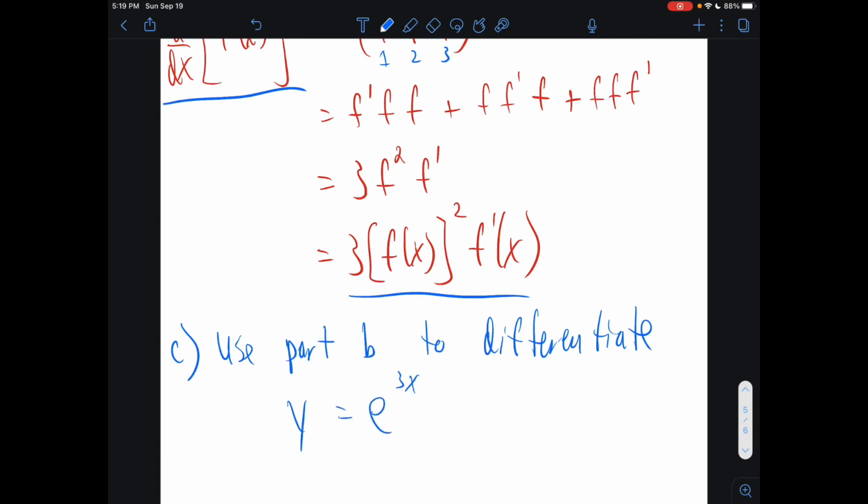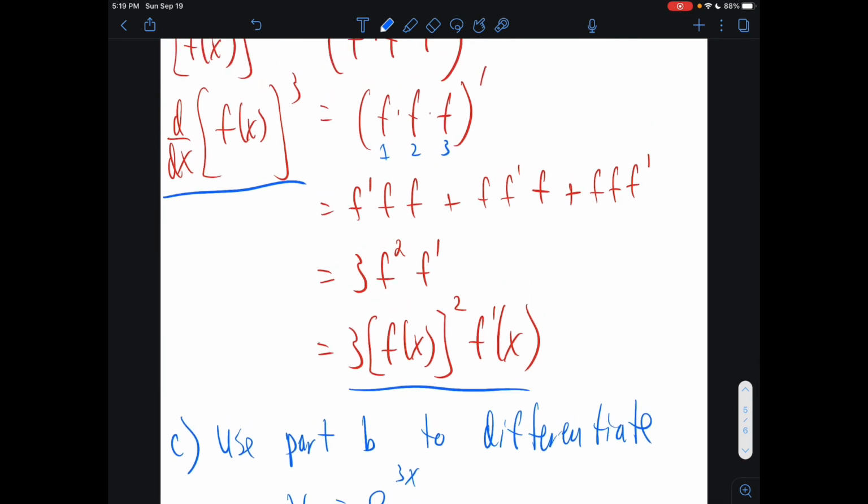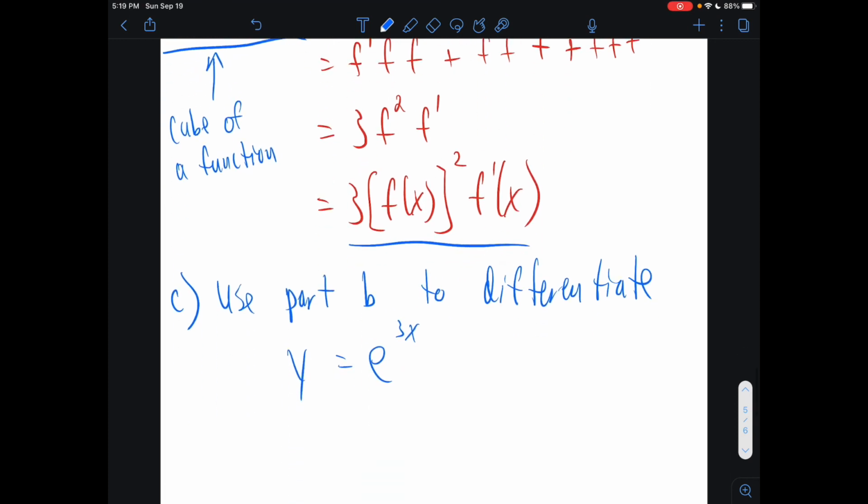So if we're using part B, it means we do want to think of our function as the cube of a function. And e to the 3x is the cube of a function. It's the cube of e to the x.